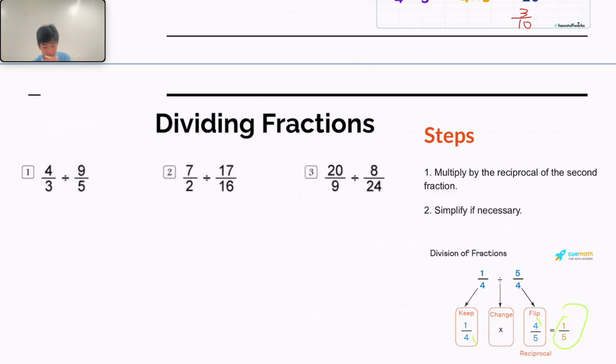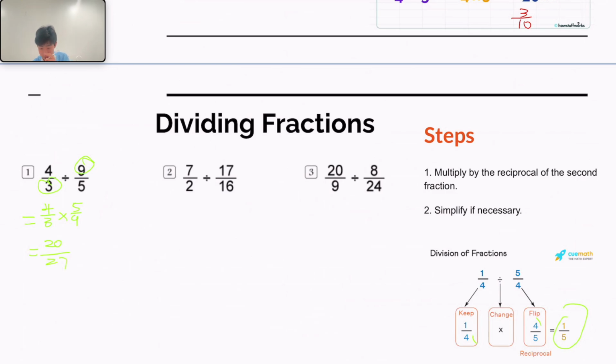Okay, let's take a look at the first example here today. When you see 3 and 9, you probably ask if you can simplify this first. You cannot, because you have to multiply by the reciprocal first. So this will become 4 over 3 times the reciprocal, which you flip, which is just 5 over 9. You multiply the numerators and denominators together, so this will become 20 over 27.